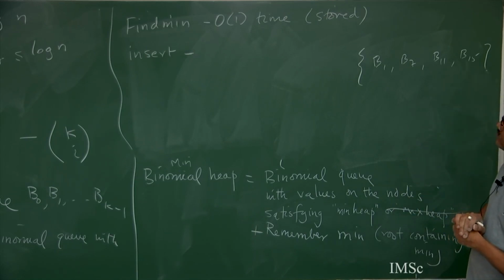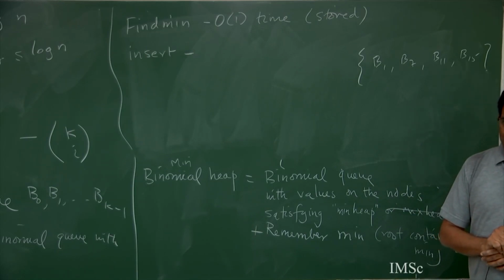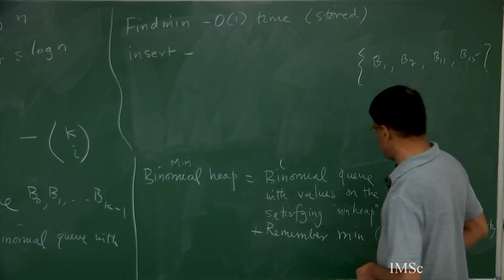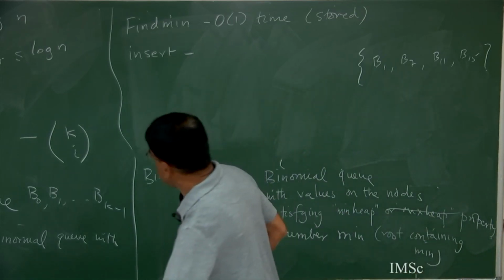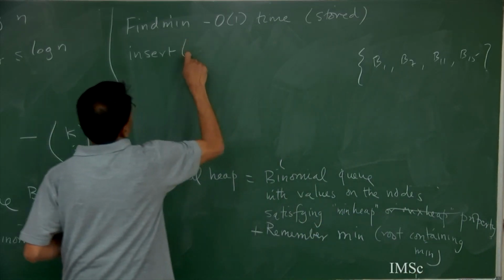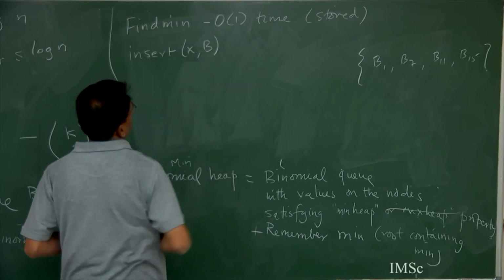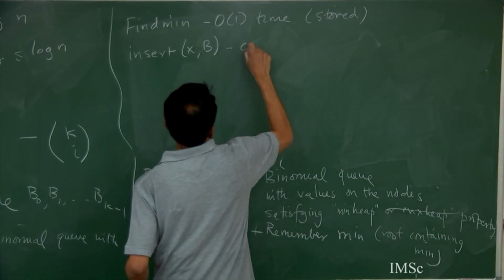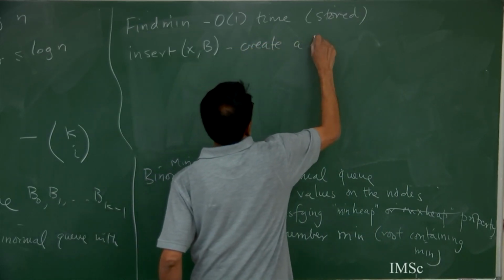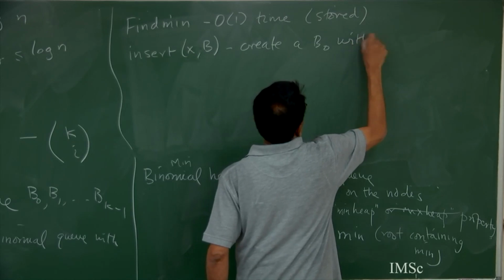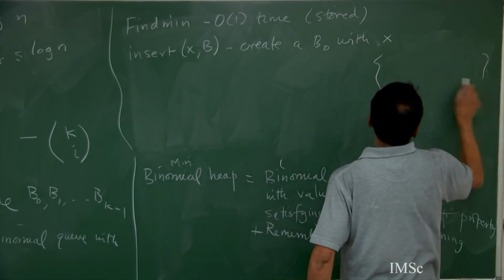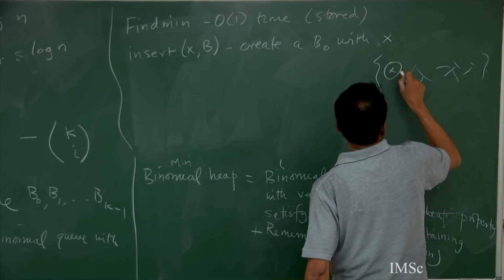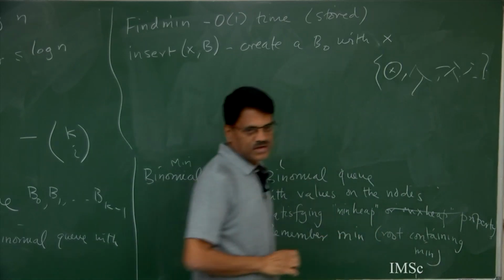Okay, so how do you insert? Say I want to insert x in my binomial heap B. Create a B0 with x, and add it to the list of trees.